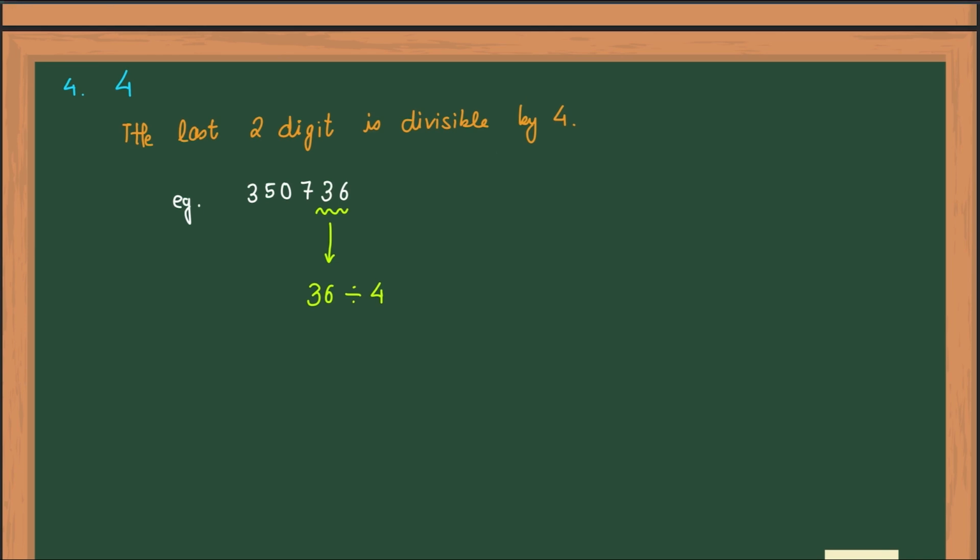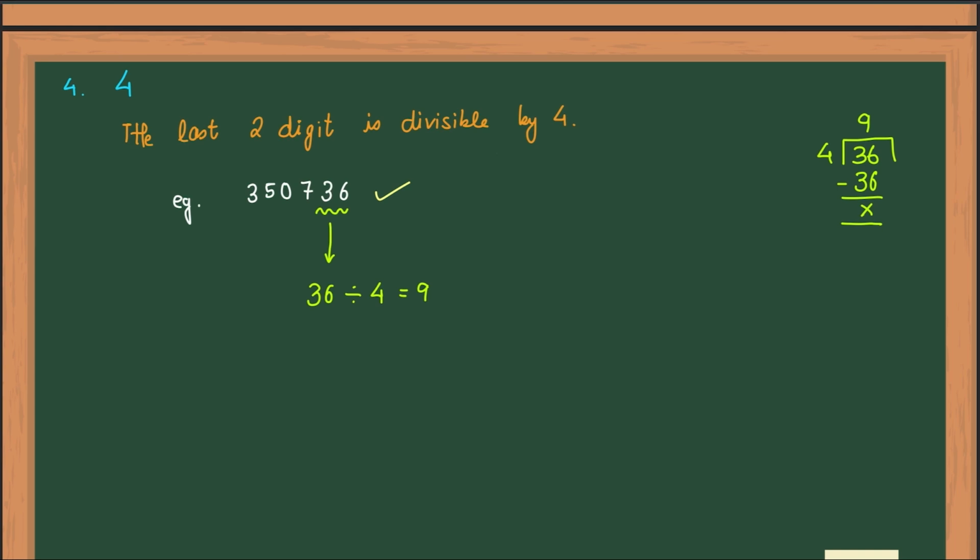But if on dividing 36 by 4, or any such number, there is no remainder left, it means that the whole number is divisible by 4. That is the concept for 4. So if I am dividing 36 by 4, I can simply say that 4 multiplied by 9 yields 36. So it gives us 9, which means no remainder at all. So I can say that this number is divisible by 4.